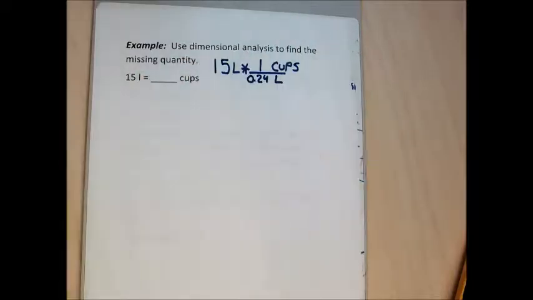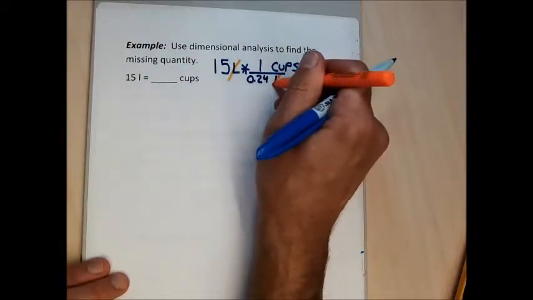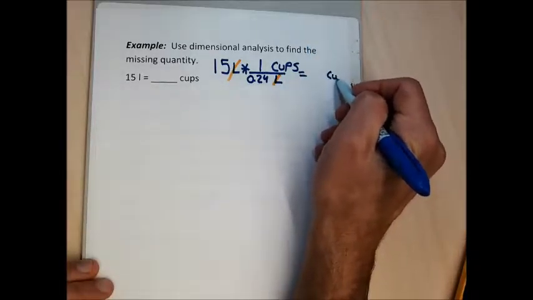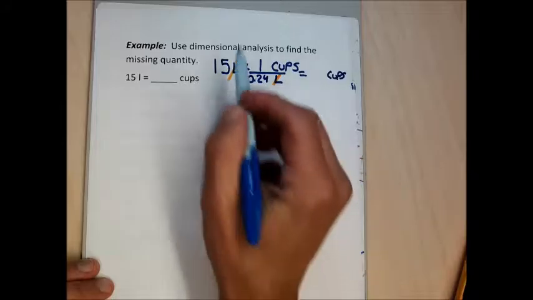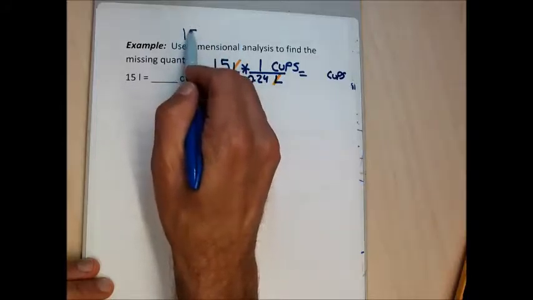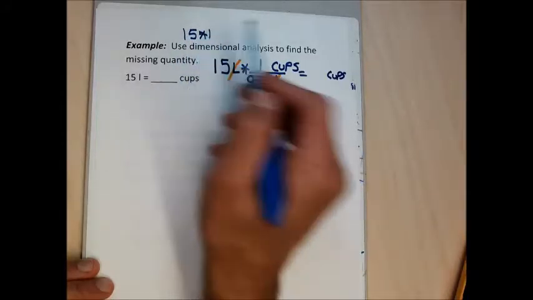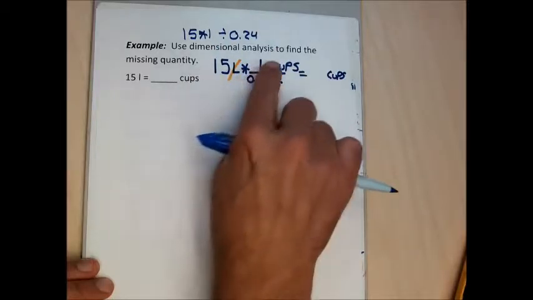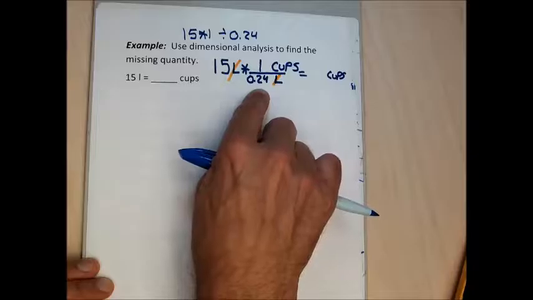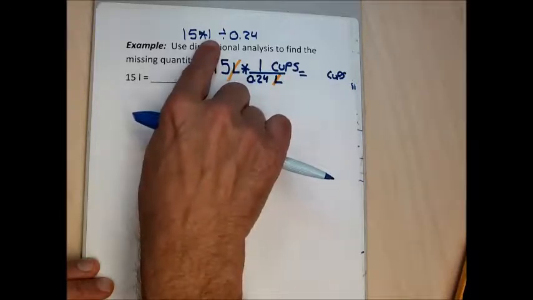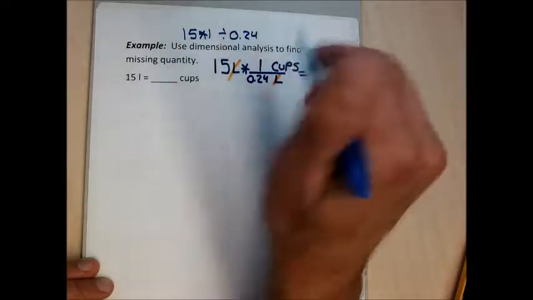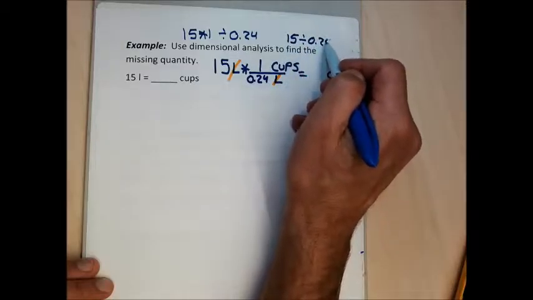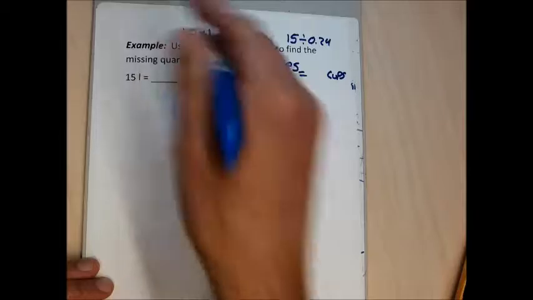When I do this, the liters are going to cancel. I'm going to wind up with cups, and I need to get a number. The number I could get by doing 15 times 1 divided by 0.24. I multiply the number in the numerator, I divide the number in the denominator. Because the number in the numerator is a 1, I really just need to do 15 divided by 0.24, because the times 1 isn't going to change it.